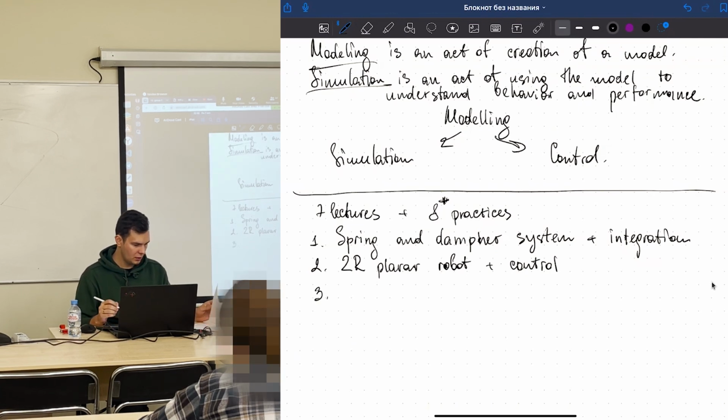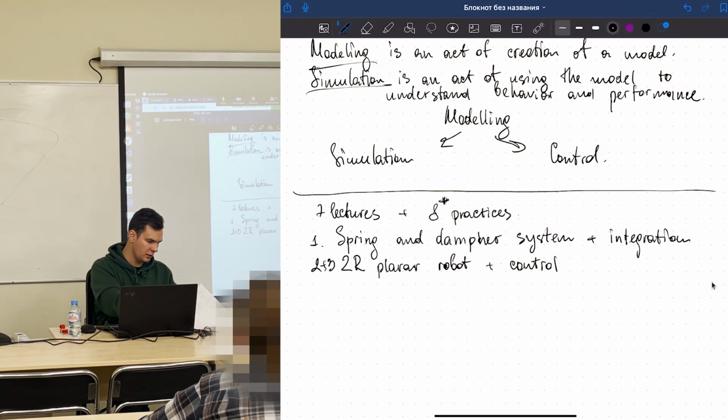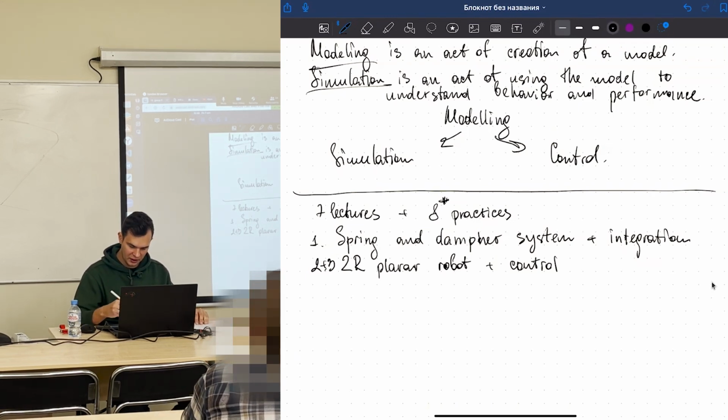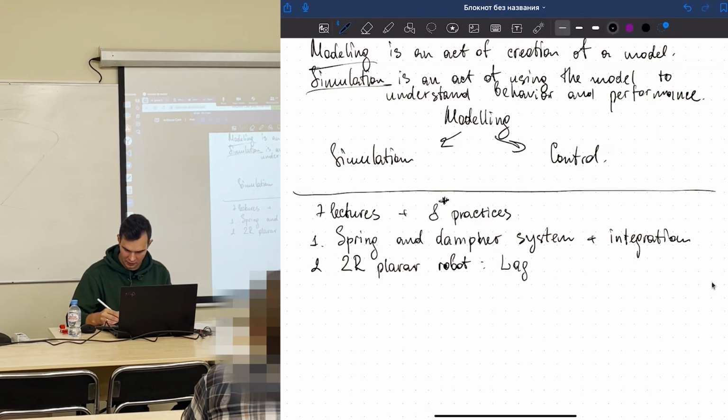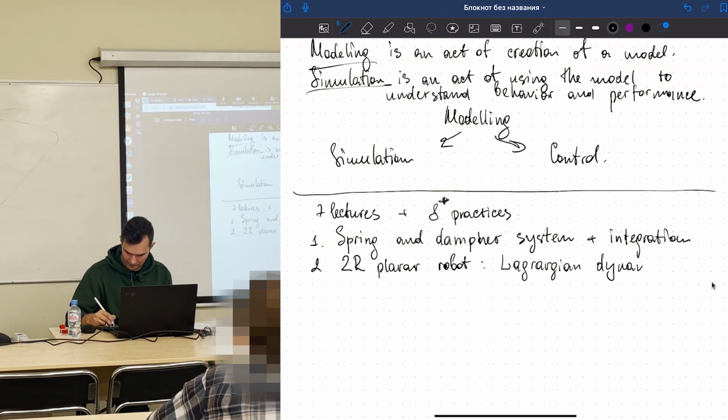Maybe it's going to take 2 lectures here, so I will write down 1, 2, and 3. Let me just change it a little bit. So here it will be 2, Lagrangian dynamics. And then we're going to talk about control. So I will write it explicitly: 2R planar robot control.